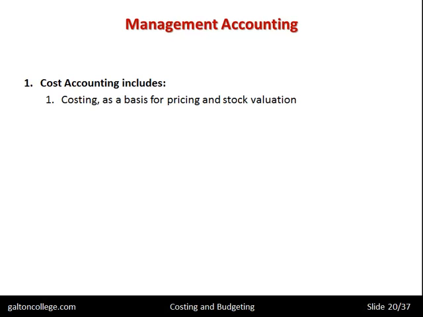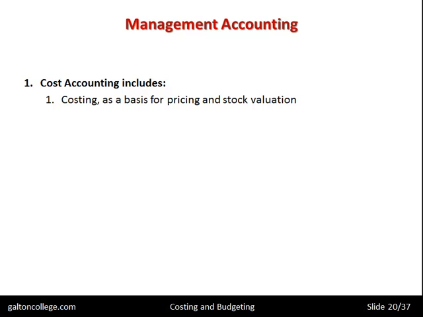Now, management accounting includes costing as a basis for pricing and stock valuation. It's important that the management understand the costs of producing particular products so that they can work out the prices. If they don't know what the costs are, they can't possibly work out accurate prices.